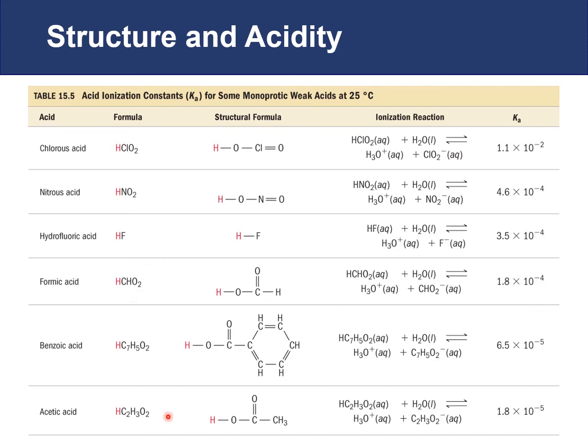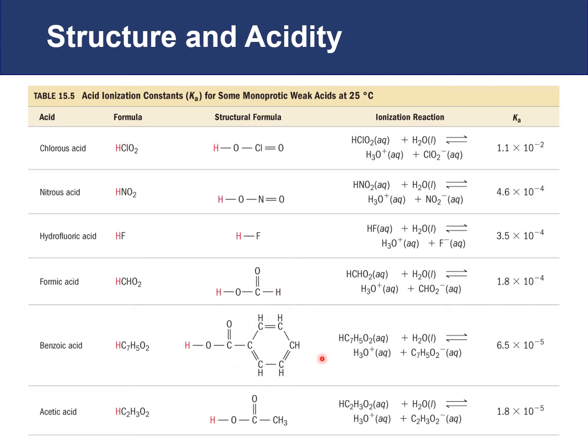Then we could look at our various organic acids and compare how the groups attached to that acidic group, the COOH, can affect the acidity of the acidic hydrogen. So we have formic acid, in which the carboxylic acid group, or the COOH group, is also bound to a hydrogen.